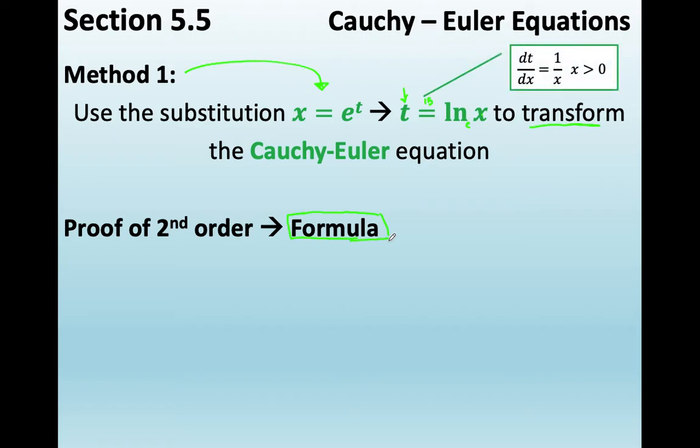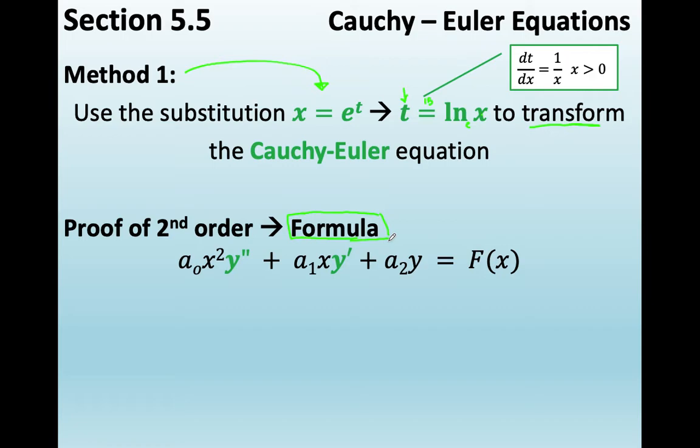So the first thing I'm going to do, since we are dealing with differential equations, is take that t equation and take its derivative. So I have dt with respect to x, and that is 1 over x, and of course we're going to mandate the condition that x is greater than 0, which of course goes with the domain of ln, right?